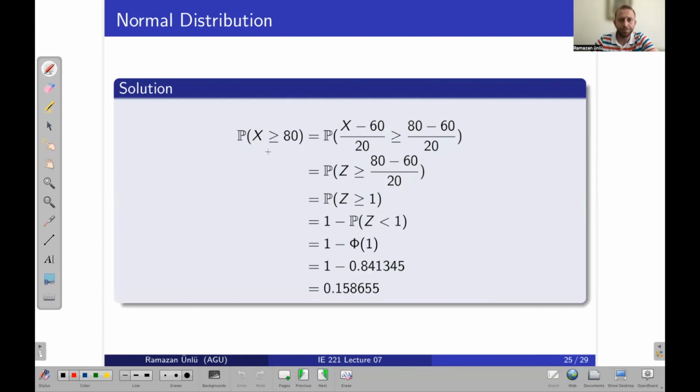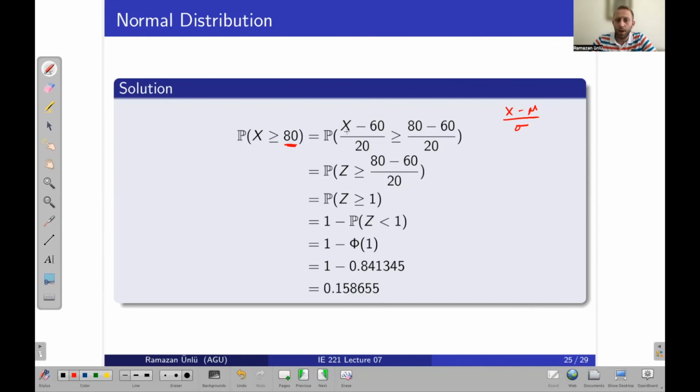What we are asked is the probability that X will be greater than or equal to 80. How can we transform this into the standard form? That is simply X minus mu divided by sigma. So we can write X minus 60, this is mu, divided by 20, this is sigma, will be greater than or equal to 80 minus 60 divided by 20.